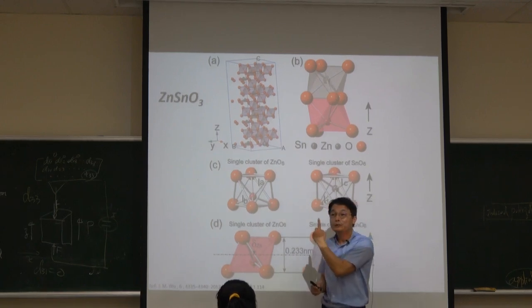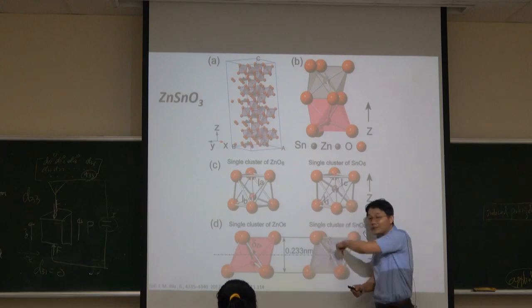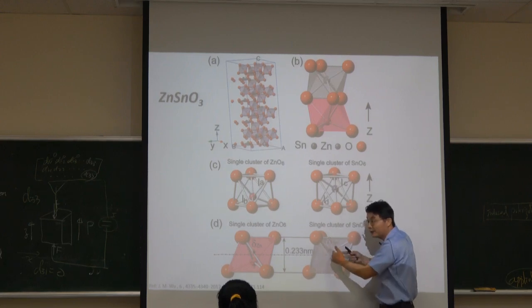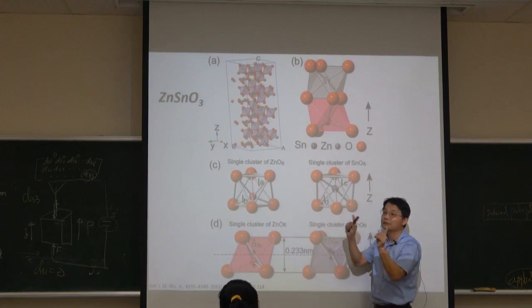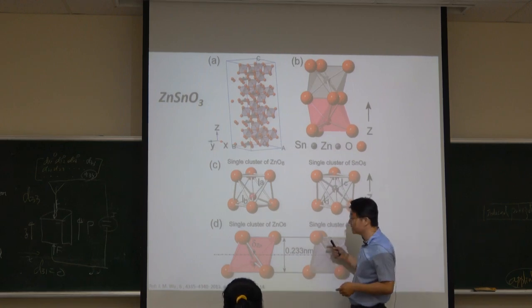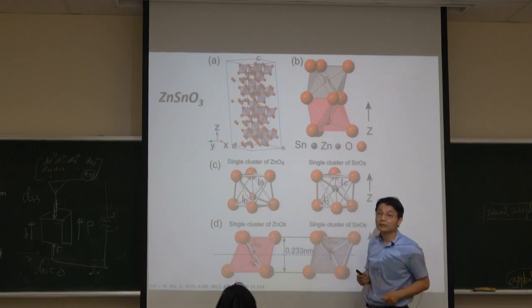You only need to apply a stress in the z direction, and they can produce electricity. If you apply stress in the x or y direction, there is no output, because the D in the x and y directions is 0.